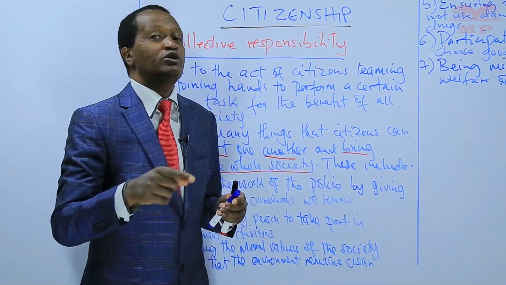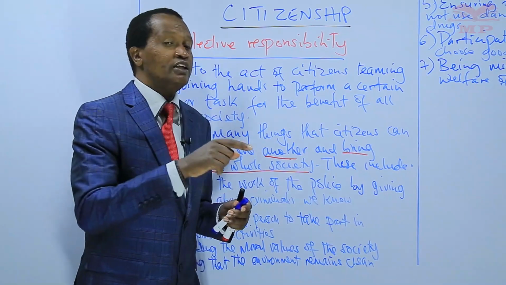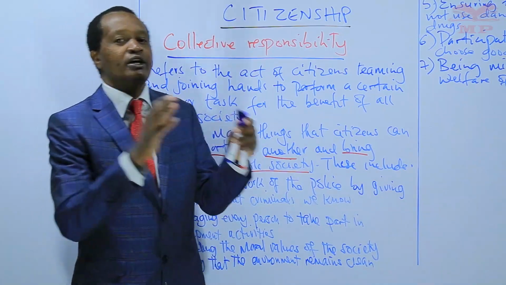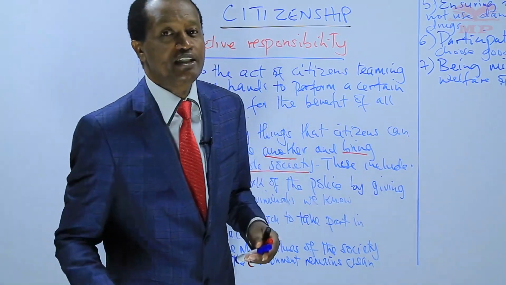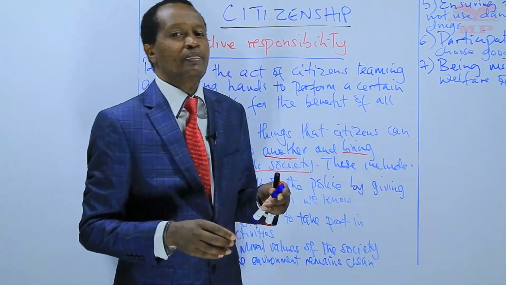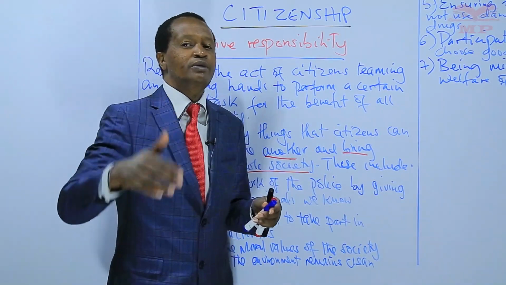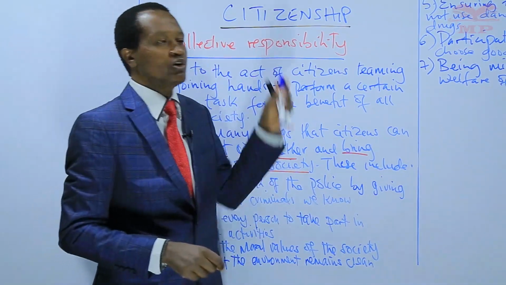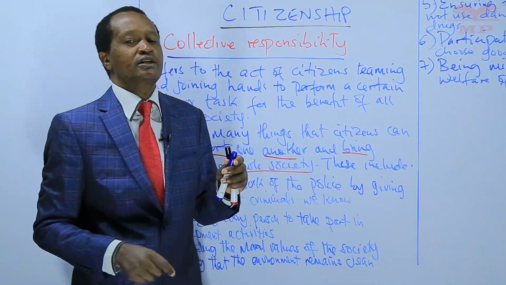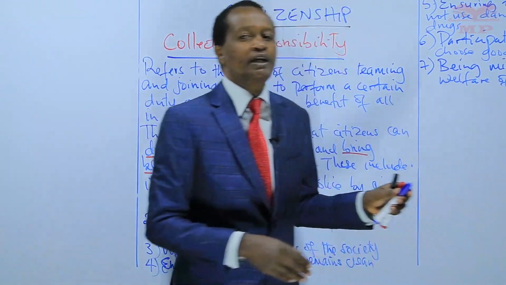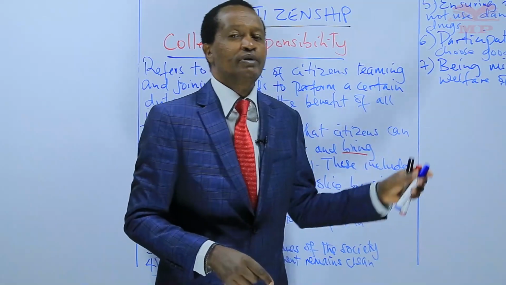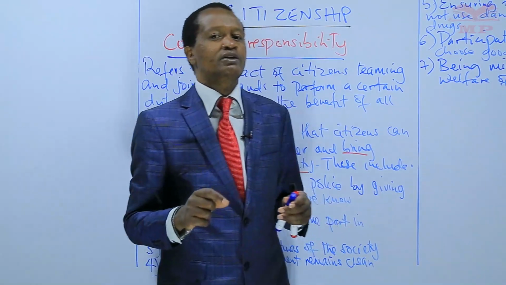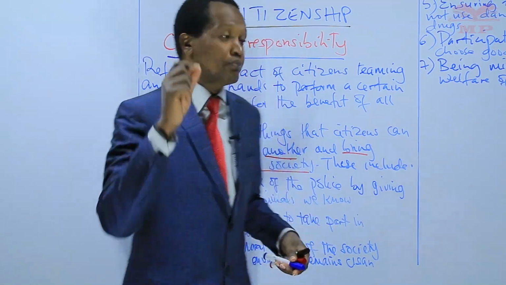They should, however, be fully involved in activities of the organizations that they work for. For example, being members of different committees. And even the members of the public should cooperate when they have to undergo security checks as they enter public places like airports, supermarkets, buildings, and so on. Because when we do that, we help to improve security in those places.